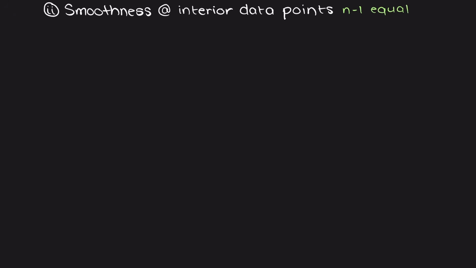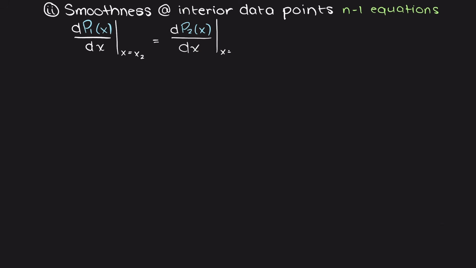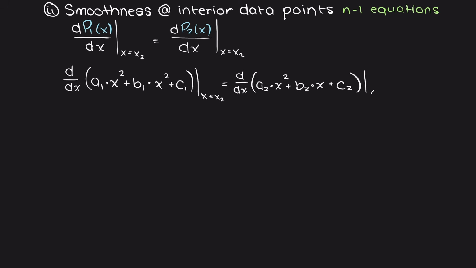Secondly, again, as we learned in our quadratic interpolation theory video, we can find n-1 equations through the property of smoothness at our interior data points, which in this example will give us 2 more equations as we have 2 interior data points. To find these, we're going to take the derivatives and evaluate them at their shared x value.